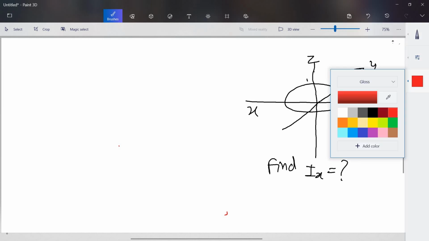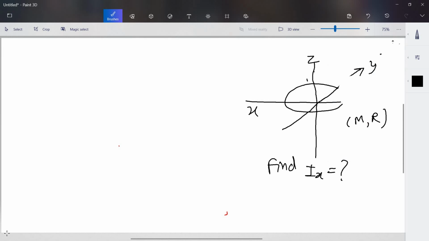Now we will discuss another question. This is also very easy. So this is the y-axis and this is the ring which we have, and this is the x-axis, having mass m and radius r. This is actually a ring.